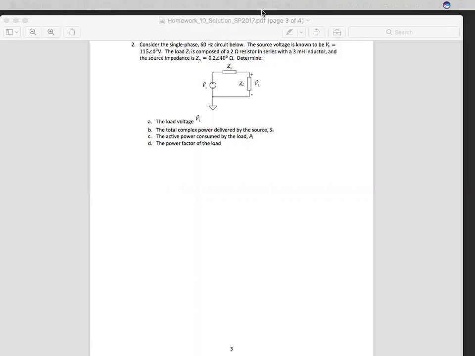Let's start with finding ZL. ZL is going to be equal to 2 ohms plus our 3 millihenry inductor.